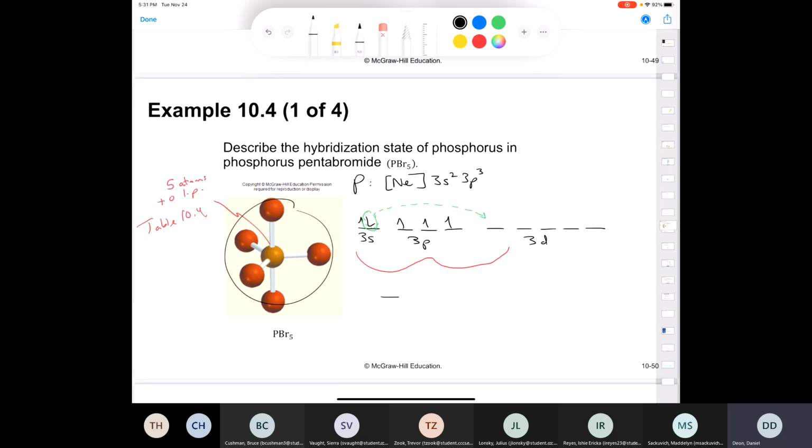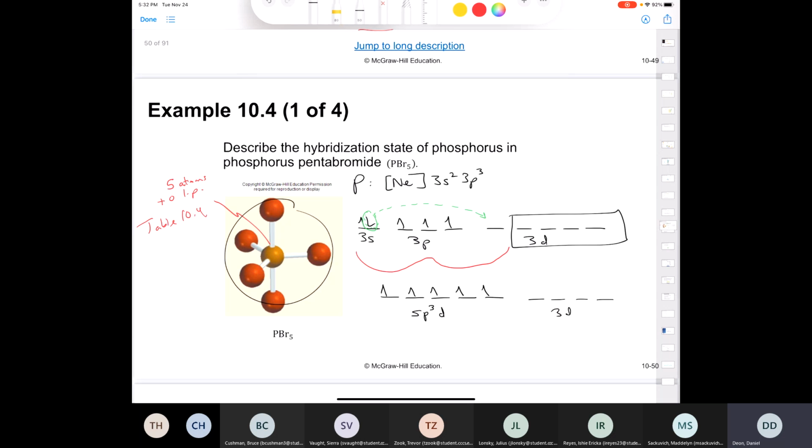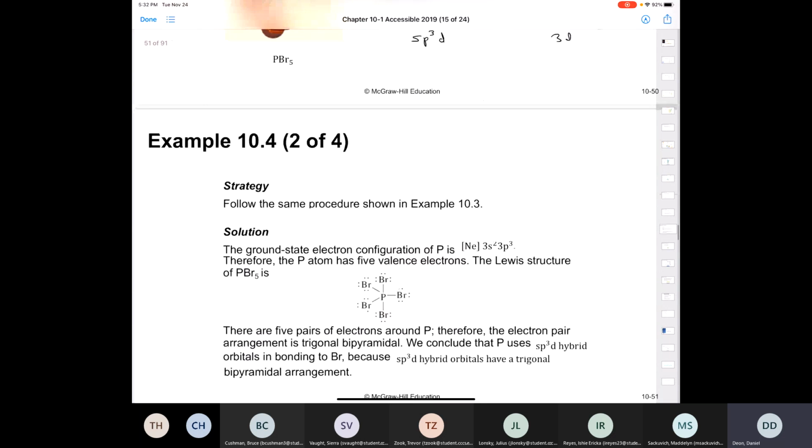I'd end up with 1, 2, 3, 4, 5 hybrid orbitals, and I would have 1 s, 3 p, and then 1 d. And then I'd have 1, 2, 3, 4, 5 unpaired electrons. I've still got this left over, right? 1, 2, 3, 4, 3d orbitals that I didn't do anything with. You know what? Don't worry about them. Okay? Don't worry about those at all. But that explains the hybridization of the phosphorus in phosphorus pentabromide, 5 bonds.